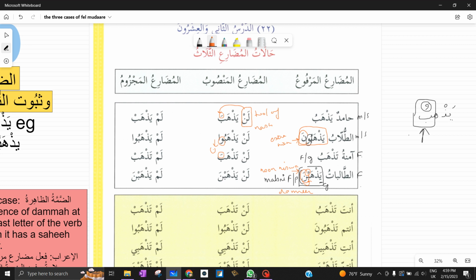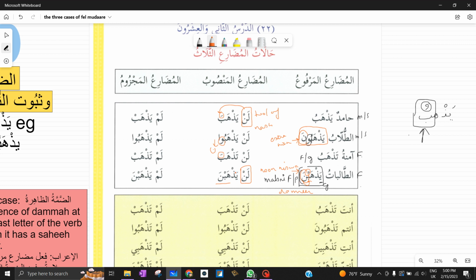And as I told you, a damir can never be deleted. That's why this noon is not deleted here, even though the harf nasb has come before the present tense. So know that this is very important.